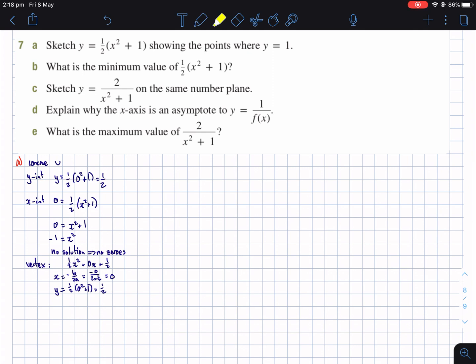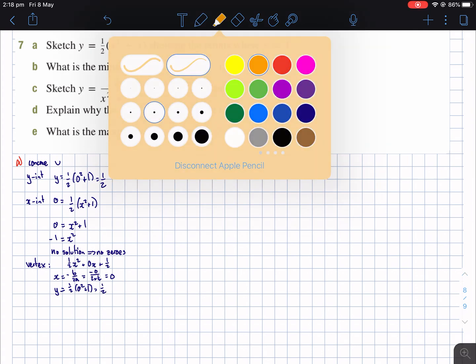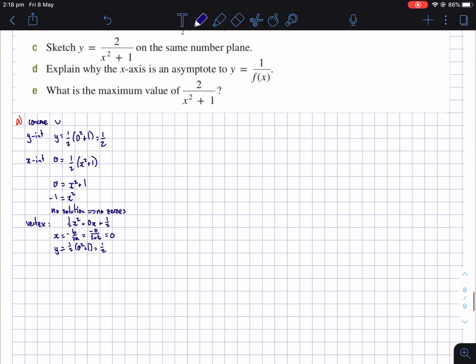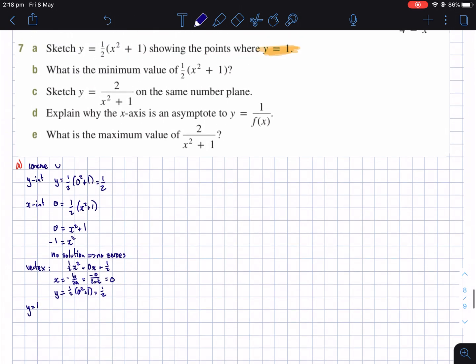They've also asked us for the points where y equals 1. So let's figure that out. And I'm also going to do y equals minus 1 if it occurs, because they won't always. You could have a graph where the whole thing turns above y equals minus 1, and I think that's the case.